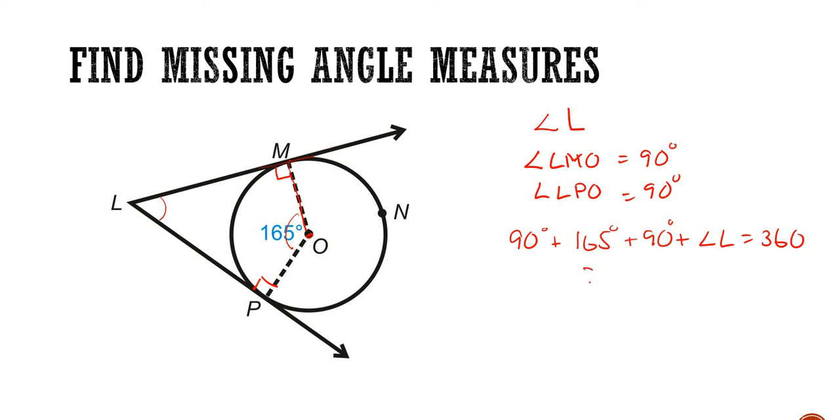If I add these all up, I get 345 plus angle L equals 360. Subtracting from both sides, I get 15 degrees for angle L. So that's one way we can use tangent lines to find some missing pieces of a diagram.